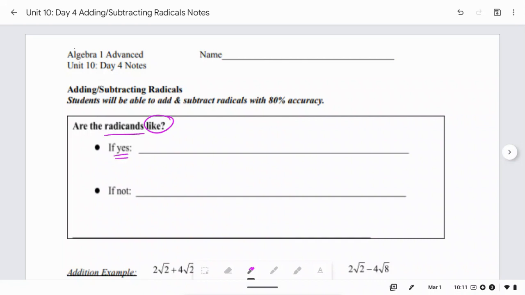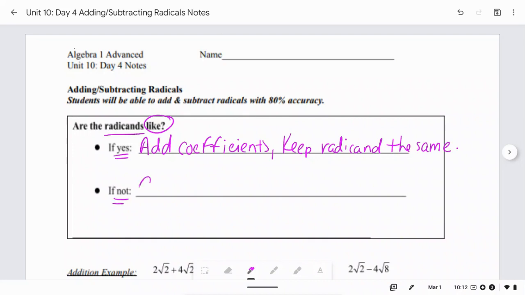If the answer is yes, then you're going to add the coefficients and keep the radicand the same. If the answer is no, the radicands are not the same, then you're going to ask yourself, can I simplify?